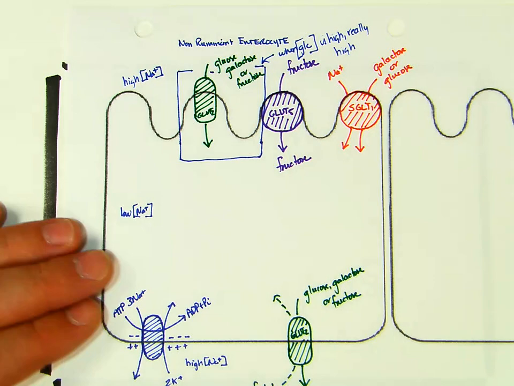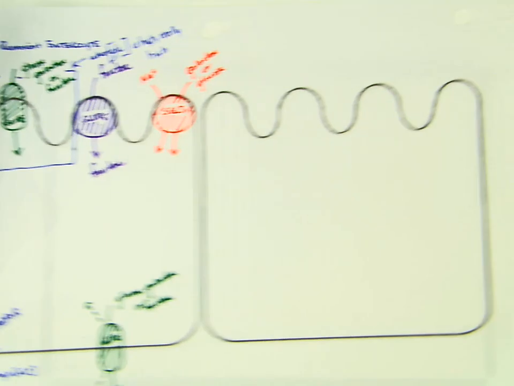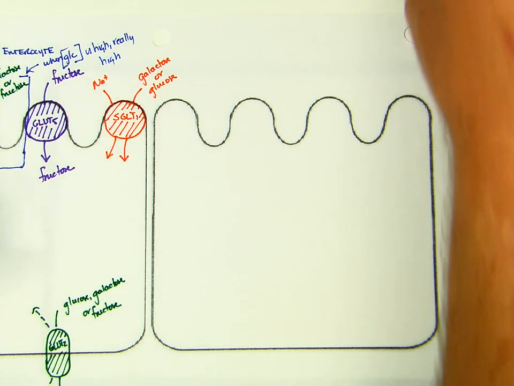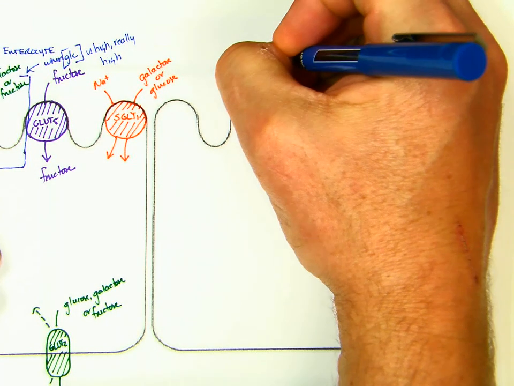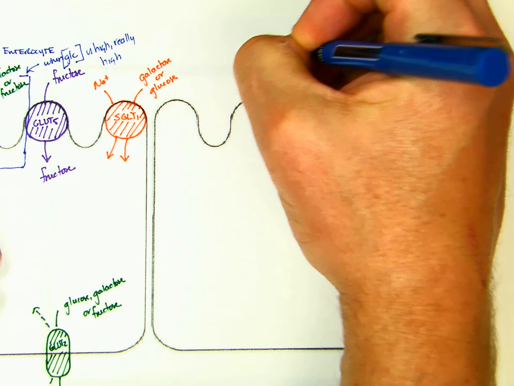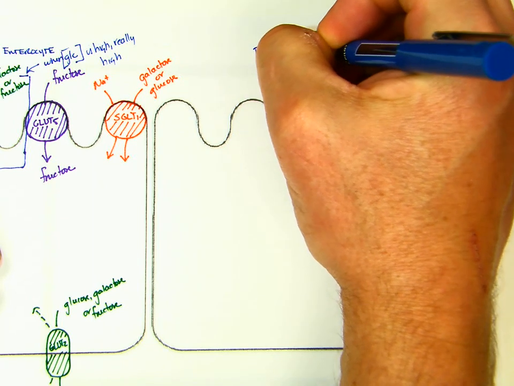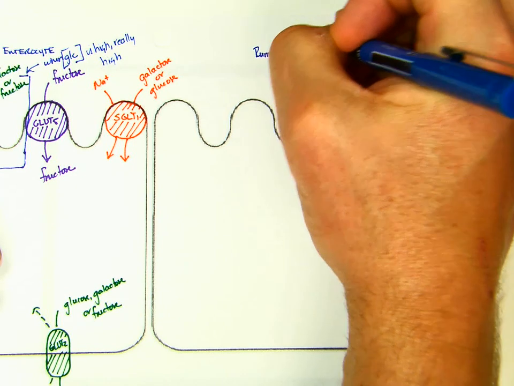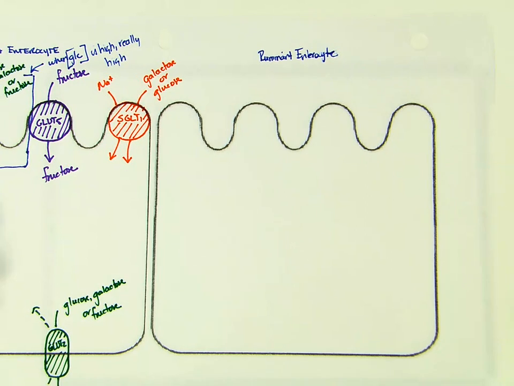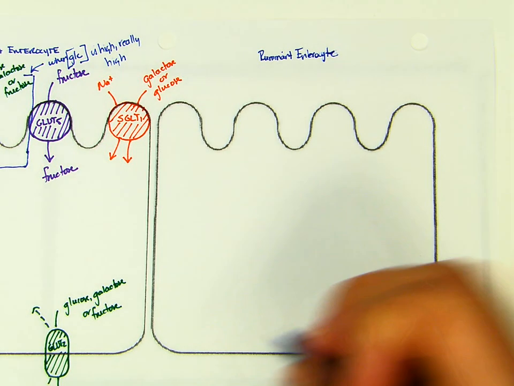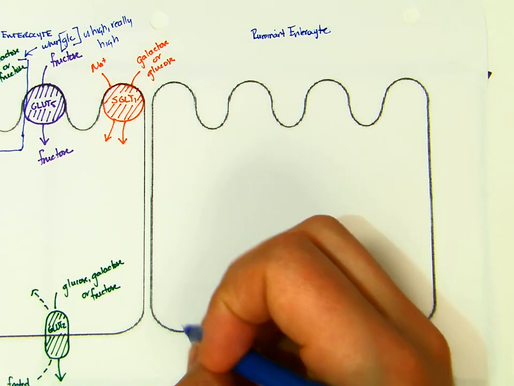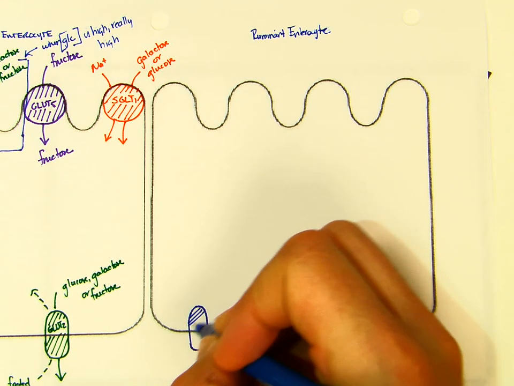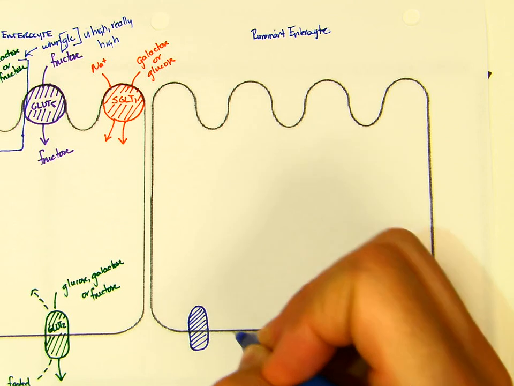Okay, we haven't done this in class, but we'll talk about it, hopefully. This would be the ruminant enterocyte. Okay, so the ruminant enterocyte, the same thing is going to happen on the basolateral membrane, in that we have the sodium-potassium pump.